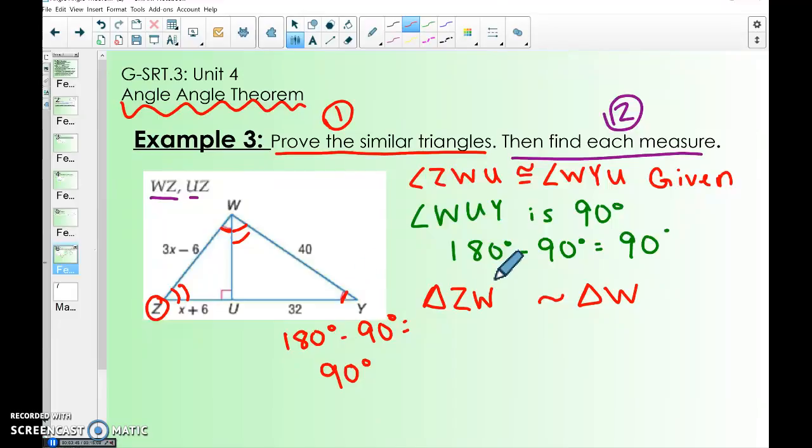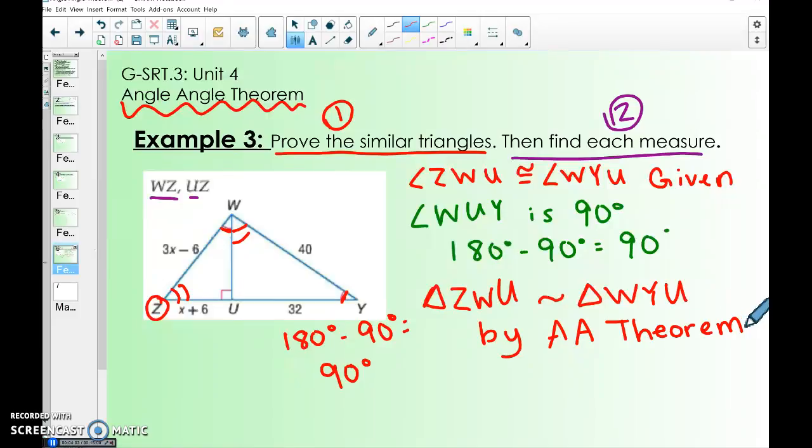So ZW, WY, and then obviously that goes back to U. Okay, so those two are similar to each other, and we need to say why. The reason is by AA theorem. If two of their angles are congruent to each other, which we've already proven, then the whole triangle has to be similar to the other triangle. Awesome. Done with the first step.